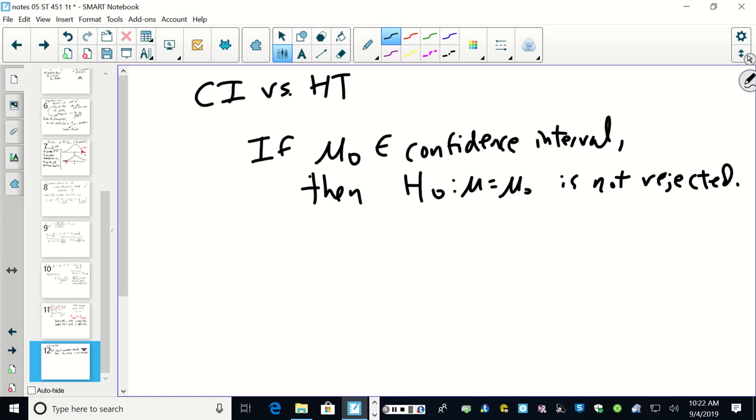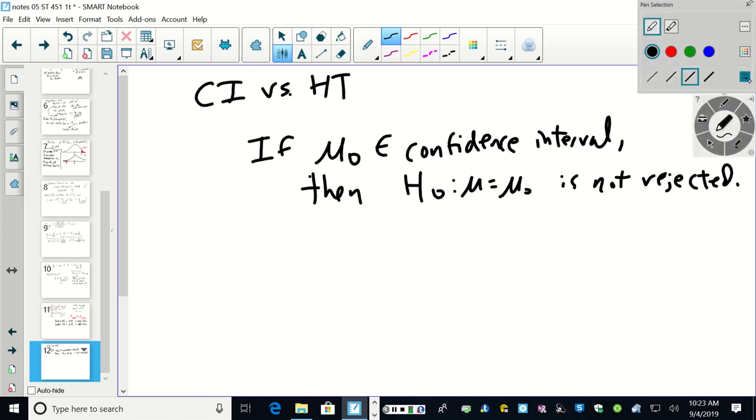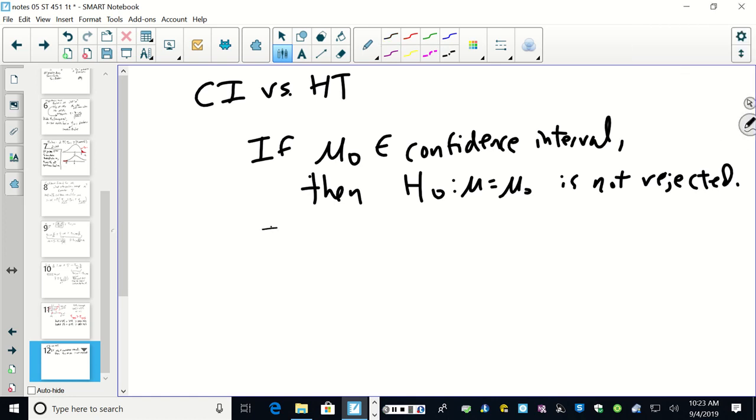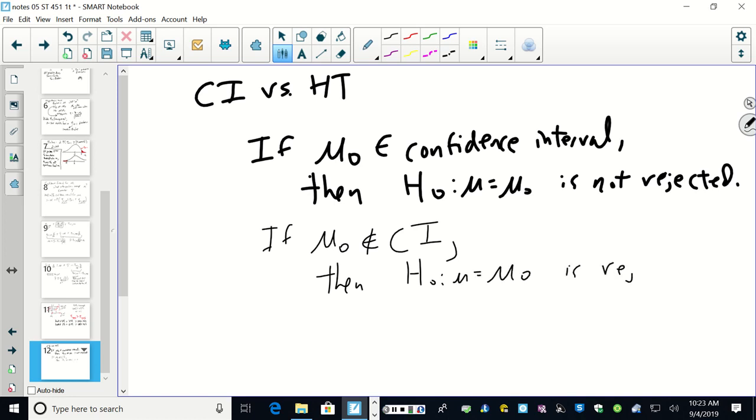If it's in the confidence interval, it's close enough so that the t-statistic is smaller than the cutoff value, the critical value from that, right? But on the other hand, it works the other way too. If mu sub 0 is not in the confidence interval, right, then H0, mu equals mu sub 0, is going to be rejected at that corresponding significance level.